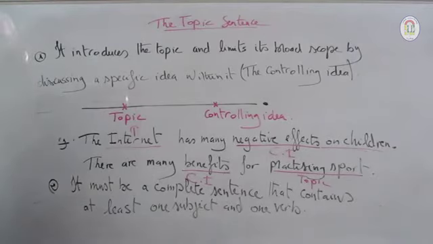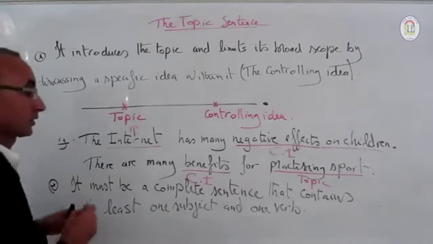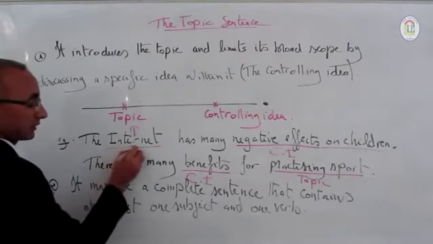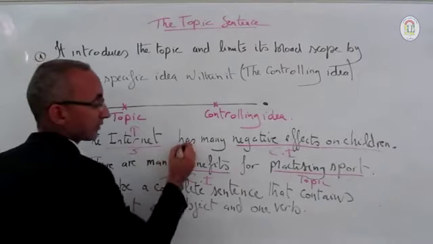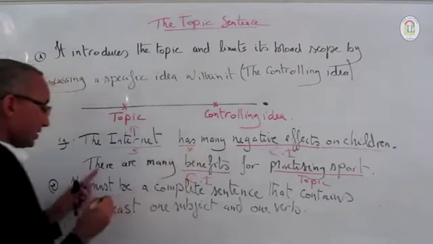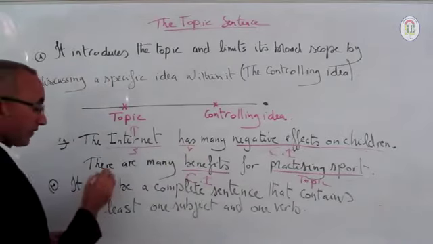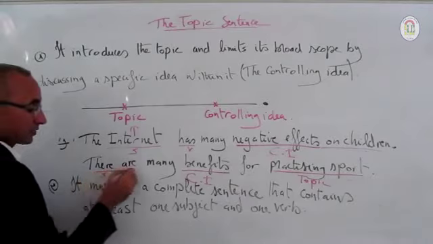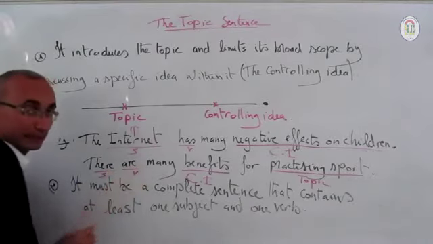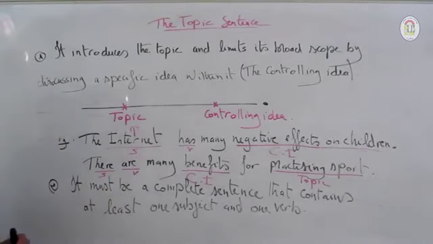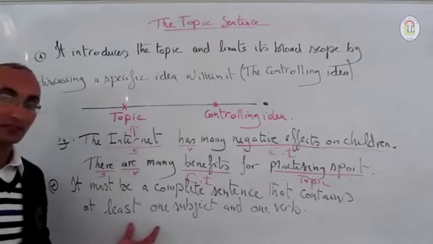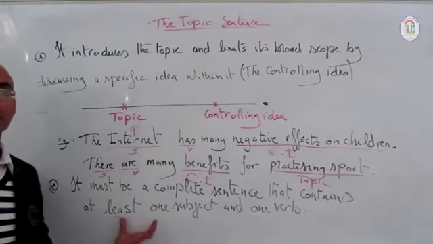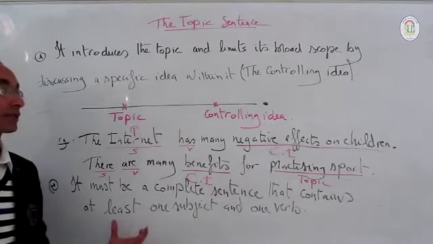Clear? Example, here we have a subject and we have "has" as a verb. There are also, we have the empty subject "there", and also we have "are" as a verb. Clear? But if, for example, you mention only a fragment or a phrase, it's not correct.